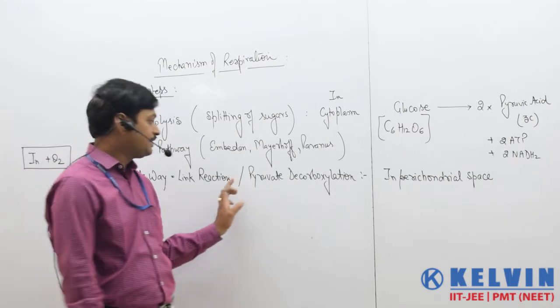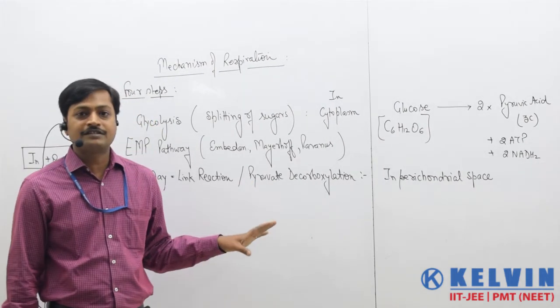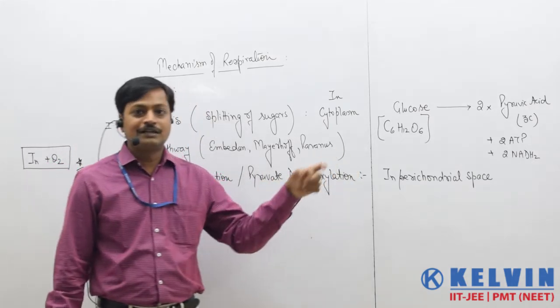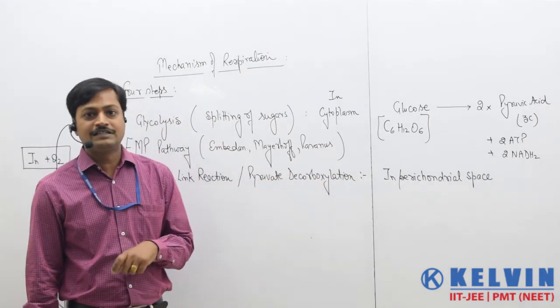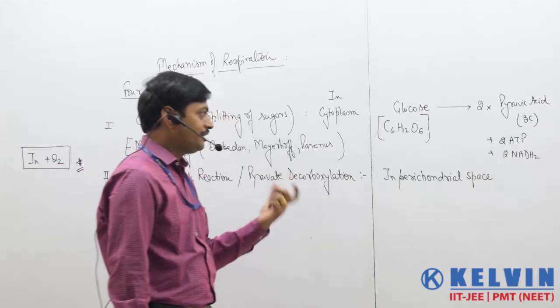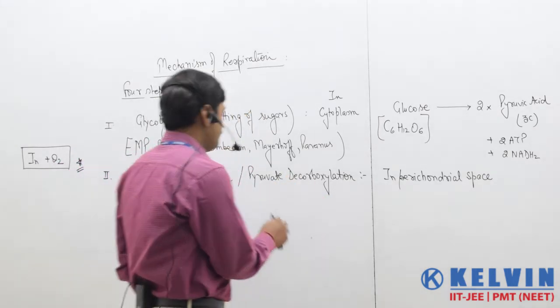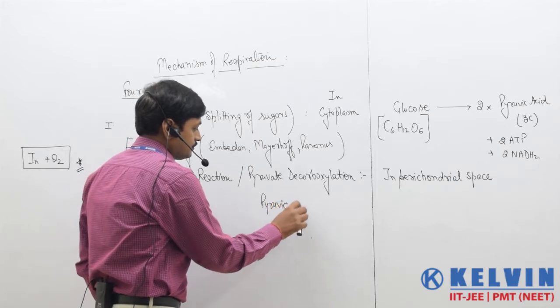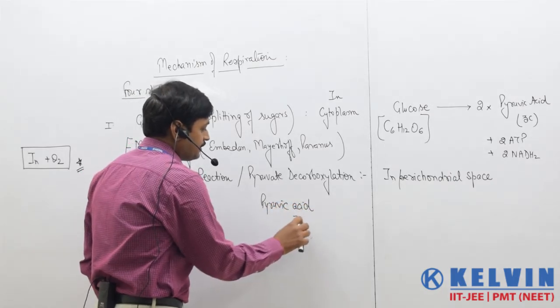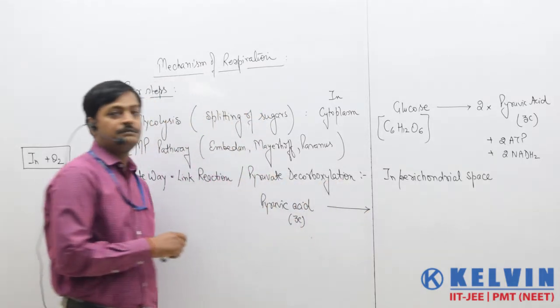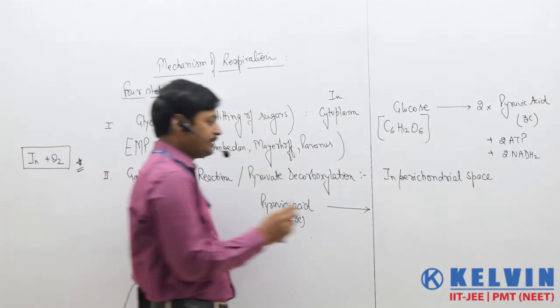So if from a 3-carbon compound, that is pyruvic acid, we remove one carbon dioxide, then the compound will form acetyl coenzyme A, which is just a 2-carbon compound. So if we simplify the reaction, pyruvic acid, which is a 3-carbon compound, as per the name decarboxylation, one carbon dioxide is released.